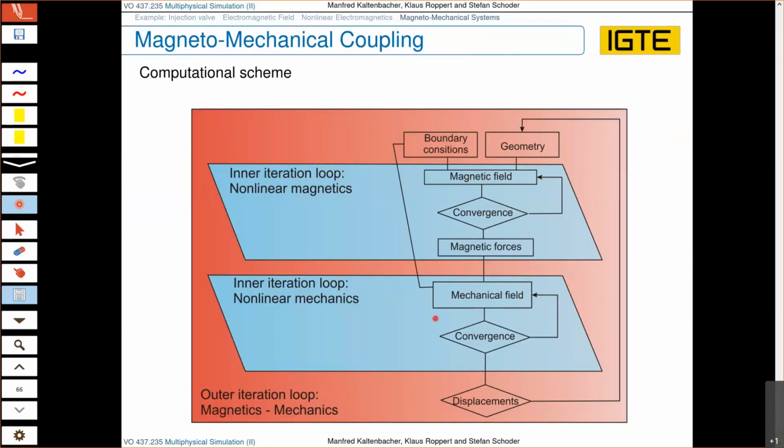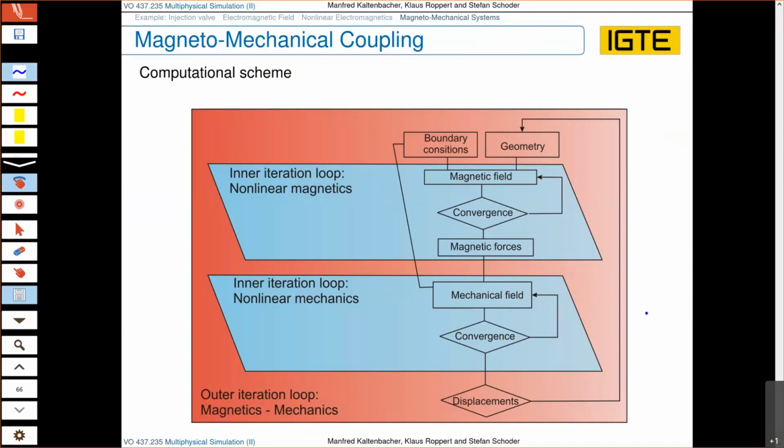And we have the solution process for the mechanical field, where we assume that we now know the magnetic forces and we solve for the mechanical field, which also has an inner loop, because we may take into account mechanical nonlinearities. And that is the outer loop, so I should write it here.